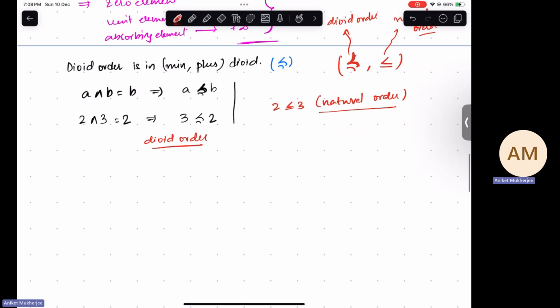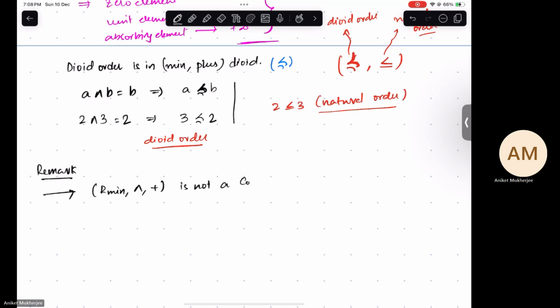Okay, so next we'll go back to a remark. The remark is R min plus is not a complete dioid because for it to be a complete dioid, it needs to have an element such that you have the minimum of all x belonging to R min. This we clearly know is minus infinity, right?